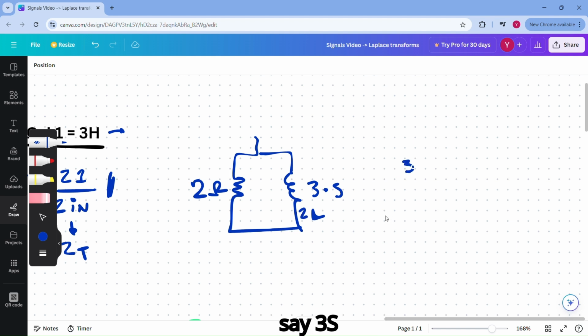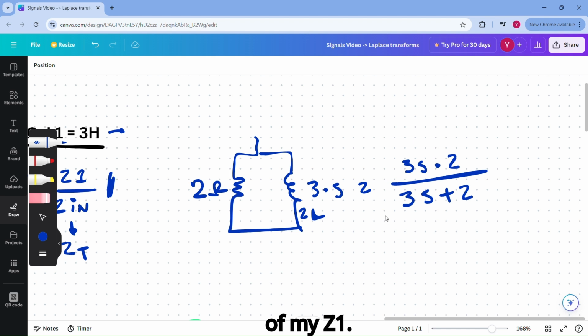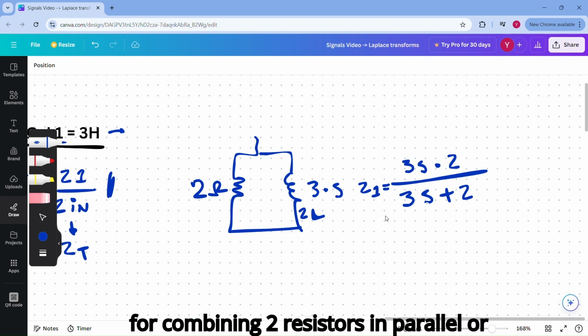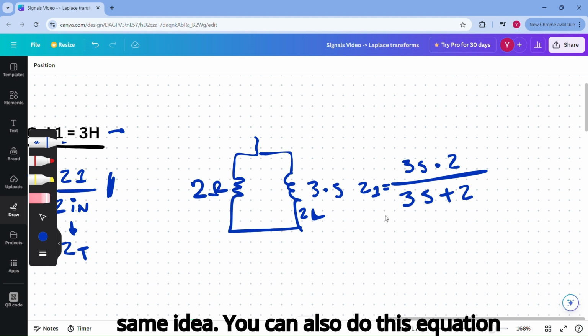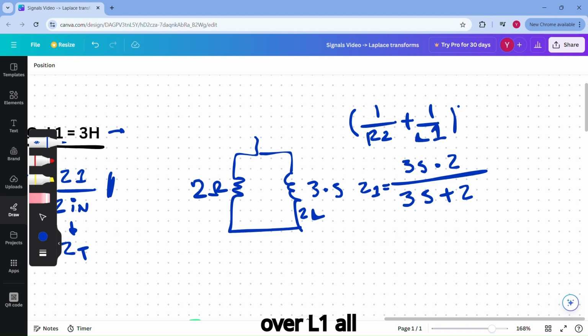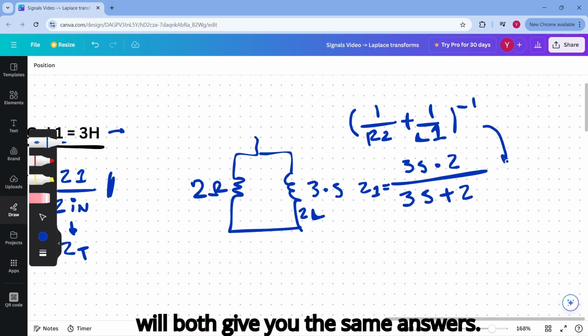I'm going to say 3S times 2 ohms over 3S plus 2. And this is going to be the value of my Z1. Okay? And this formula should look similar to combining two resistors in parallel, or two components in parallel. It's that same idea. You can also do this equation above, 1 over R2 plus 1 over L1, all to the negative exponent of 1. These will both give you the same answers.